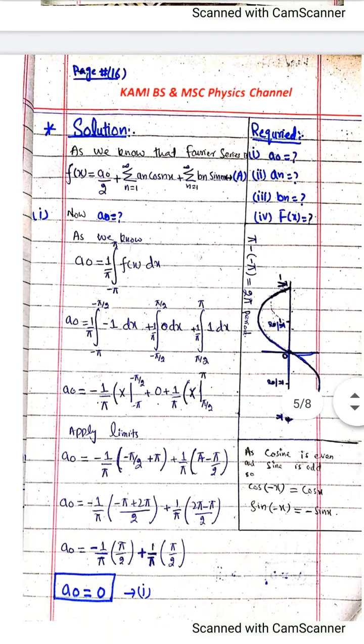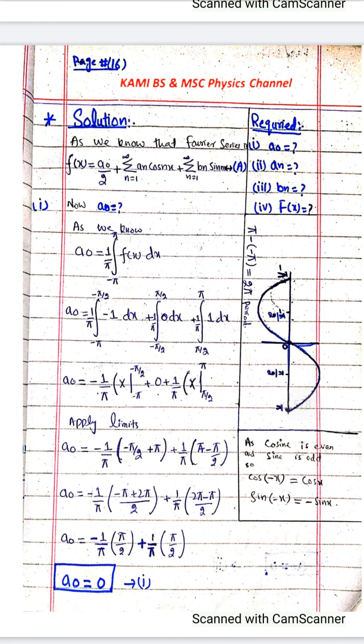So we will find the required a naught, a n, b n of f of x. Solution: as we know, the Fourier series is f of x equal to a naught divided by 2 plus summation n starts from 1 up to infinity a n cos nx plus summation n starts from 1 up to infinity b n sin nx.